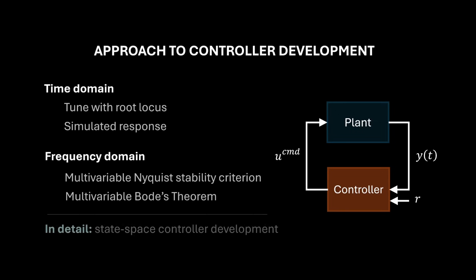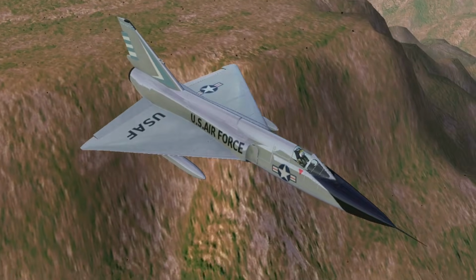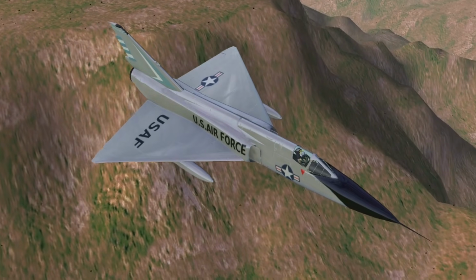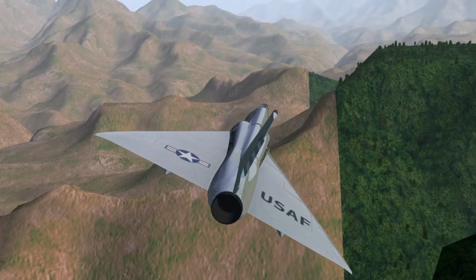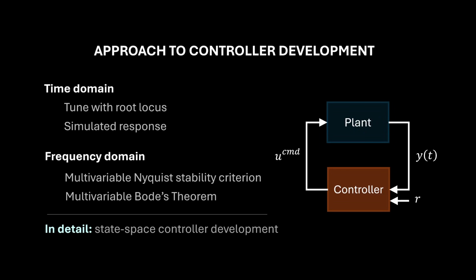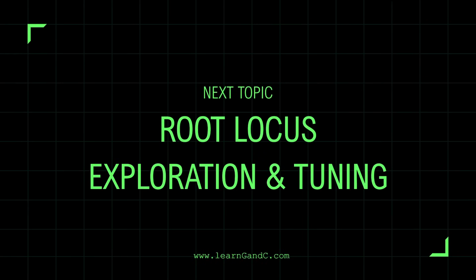And finally, we go in detail on the development of the state space models and the controller behind this analysis. The end result is that with the single action of lateral stick motion, the aircraft automatically banks to turn without skidding or slipping, automatically achieving an efficient coordinated turn. So let's continue with the root locus.